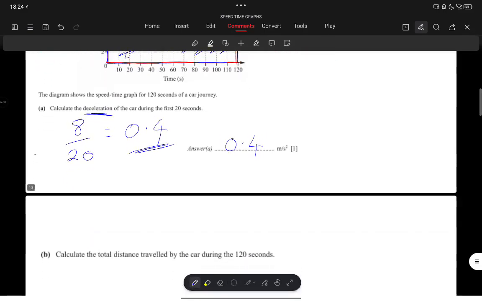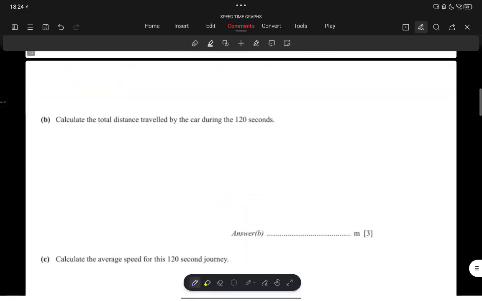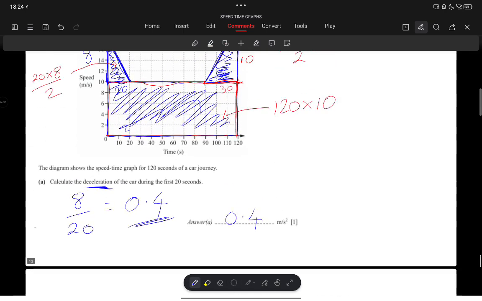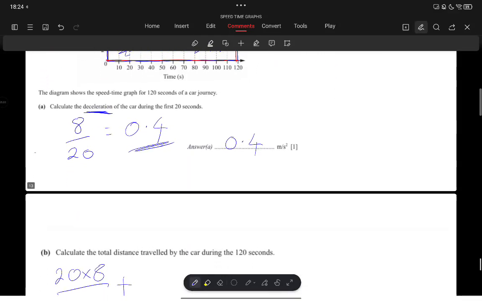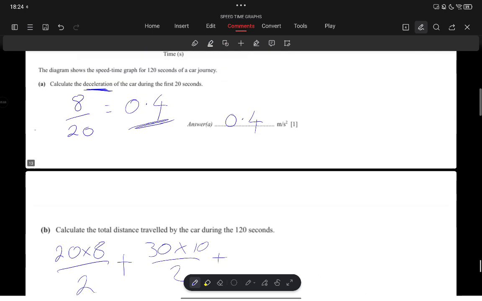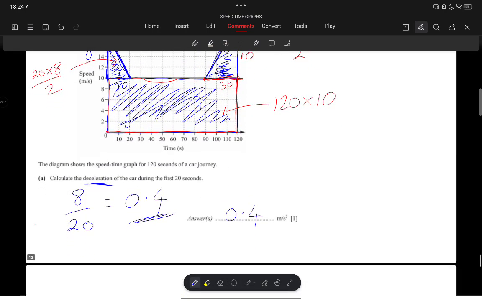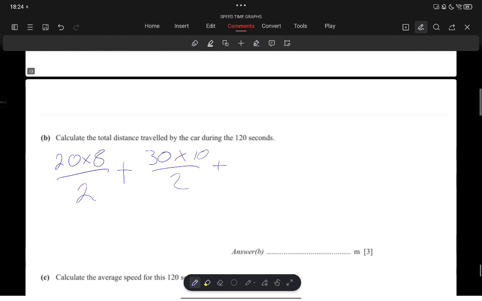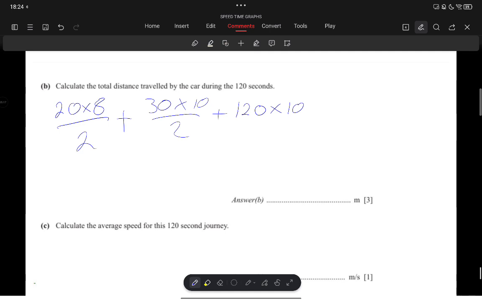The total distance travelled by the car: the first triangle, 20 times 8 divided by 2, plus the other triangle, 30 times 10 divided by 2, plus the rectangle, 120 times 10.